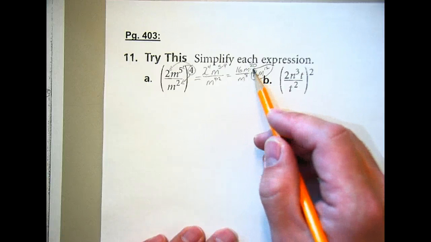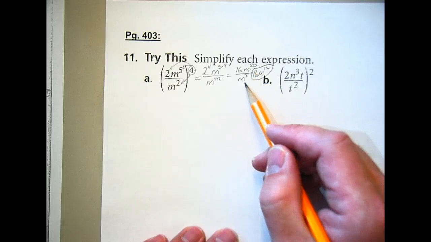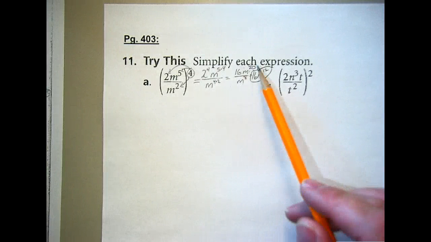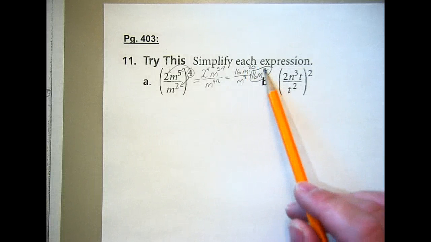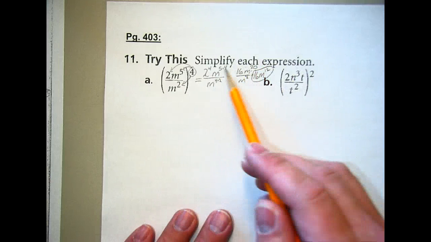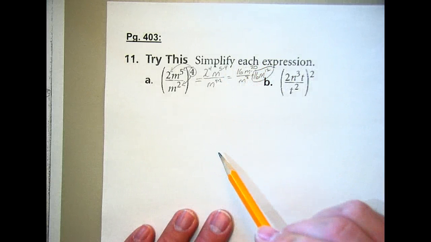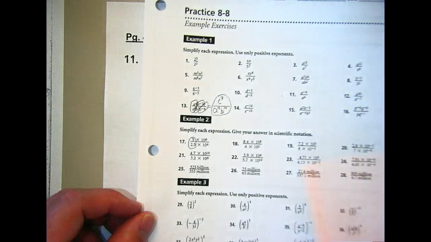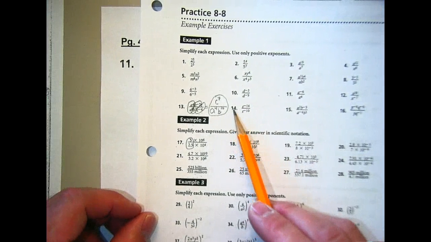Whoa. So why didn't we subtract the exponents on the last one? We did. I'm really confused. They have to be the same letter to subtract your exponent. Have to be the same base. So you're talking about on number 13.